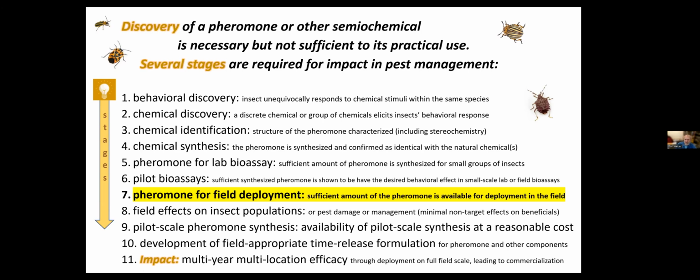In other words, is there any meaning to the insect when you put it out in the field? And then I highlight this 7 because we've got a number that are ready for field deployment. That means we're ready to look at, can it affect, like getting down into 8, the populations that are out there? So a variety of ways you could use this.